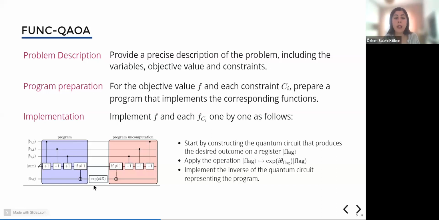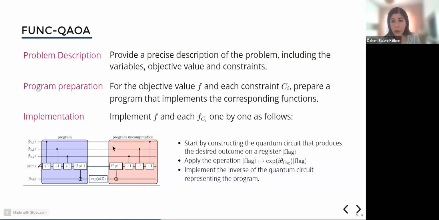And then comes this RZ rotation. Remember, the rotation we also had in this phase operator. We need to apply some penalty if this constraint is not satisfied. And this is how we do this here. If this flag is set to 1, then this will perform some rotation parameterized by theta. And this is the parameter of QAOA.